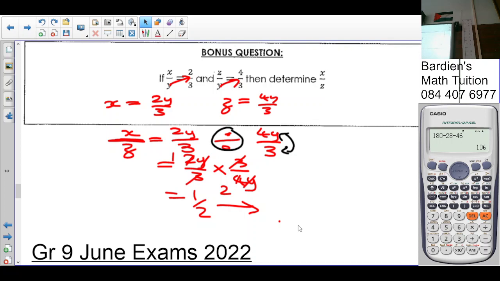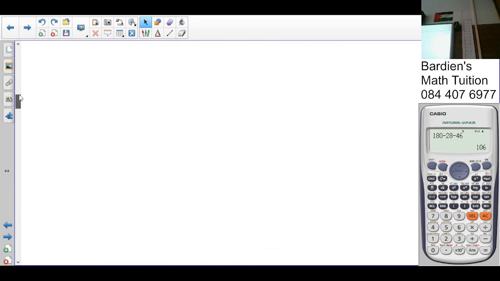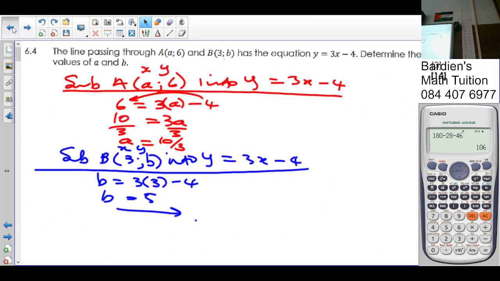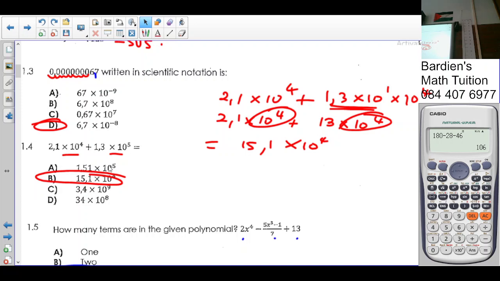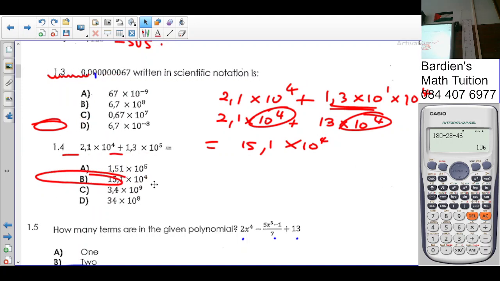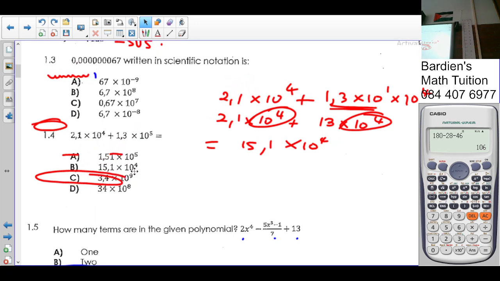Yes. 1.4. C 1.4. Sir, can you go? Sorry? A and B is correct. Come to A and B is correct. So go to Mr. Dixon and then just ask what the answer of this is.